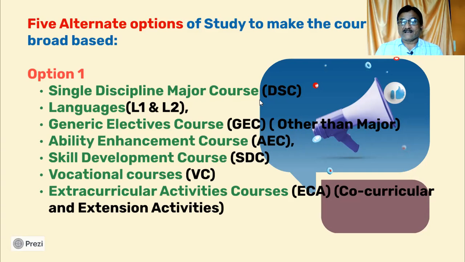This helps the mobility of the student from one university to another, or from one college to another, in such a way that the credit transfer will also be much easier.